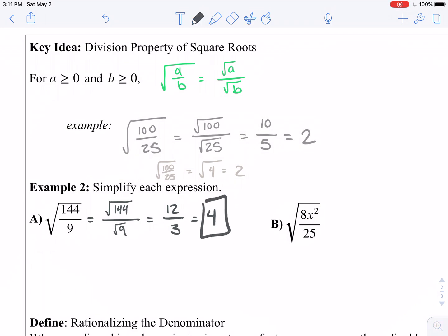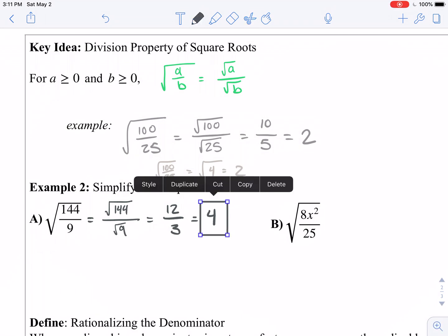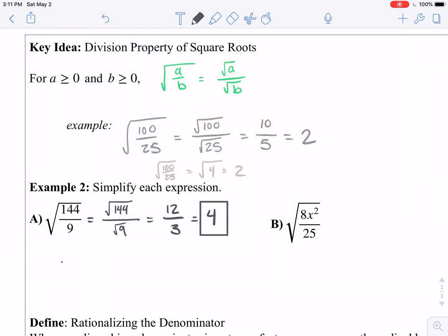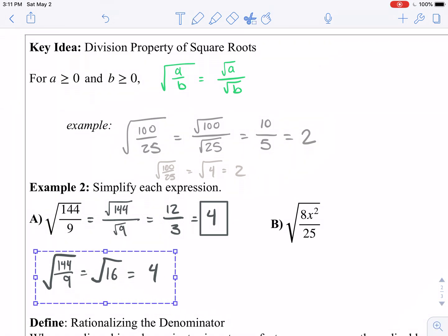Sweet. You also could have done this by knowing that 144 divided by 9 is 16. So the square root of 144 divided by 9 is the square root of 16, which is 4.